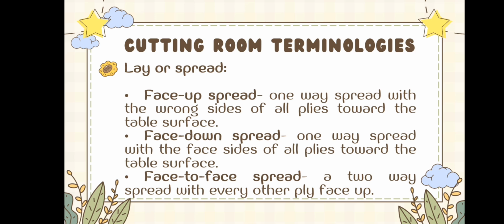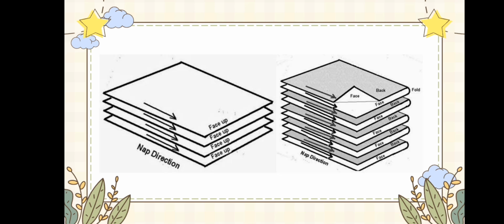So from the definition and in this picture, as you can see, face up means the right side of your fabric is always at the top. So when you are going to file all of the fabric, you are going to put the right side at the top, so it means it is face up. But when you say face down, it is the opposite, where the face is below and is towards the surface of the table.